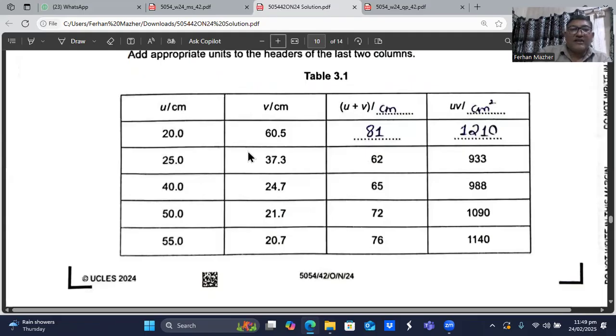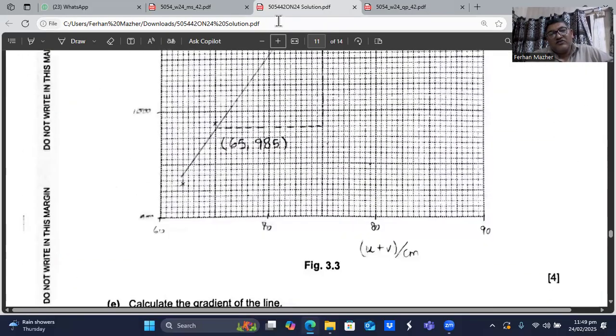And this is the table. So UV is 1210, 933, 988, 1090, 1140. So it's starting from approximately 900, and the U plus V is starting from 60. So we can also start our graph from these values.